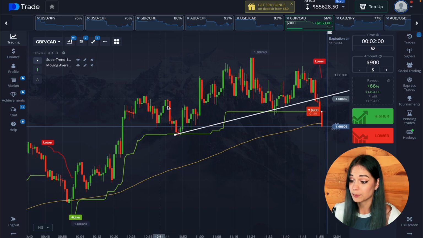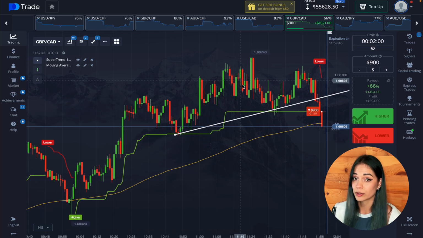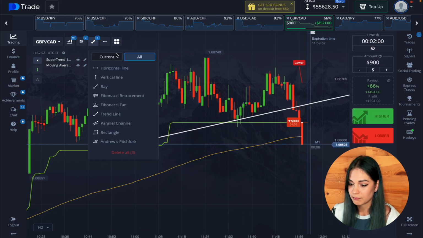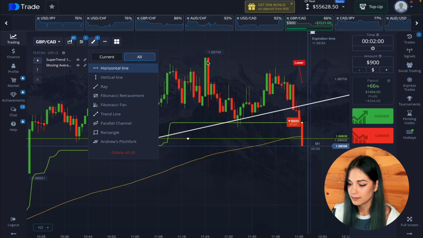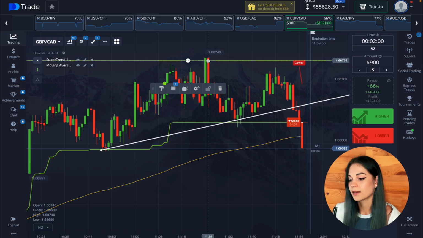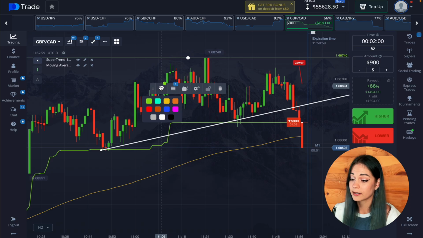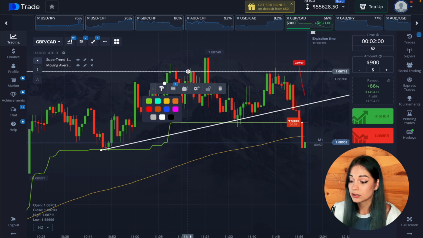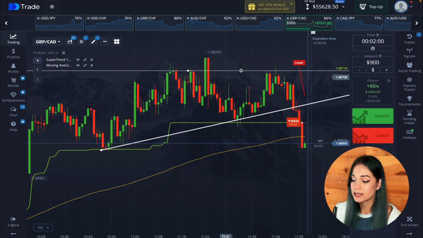And why is it a really good place? So we were in the uptrend, and higher high and higher low were updating all the time. And right here in this place, let's put a little mark on here as well. So the previous high was right here, and the next one was actually lower, and this is a big indicator for us that this is going to be a really good breakout through the trend line.